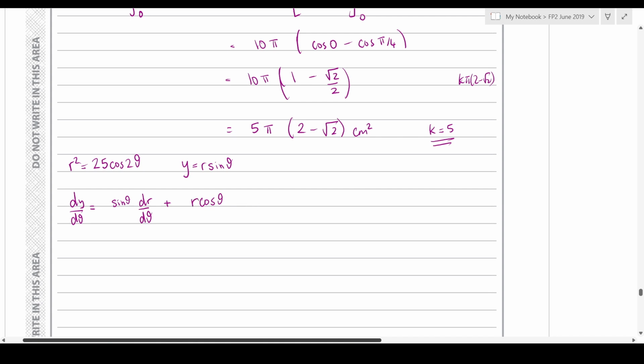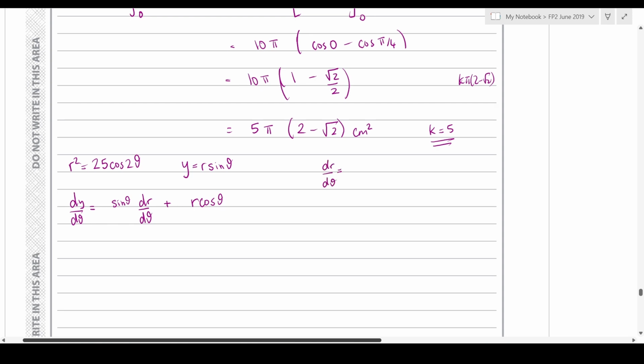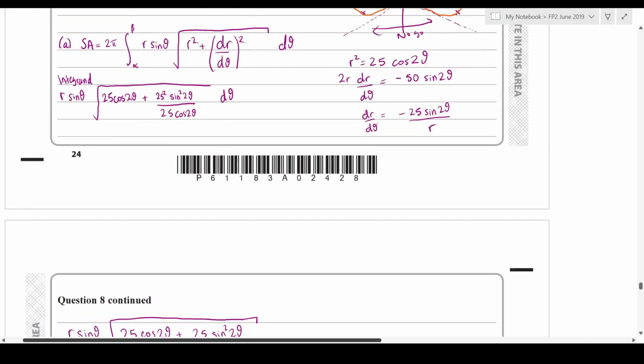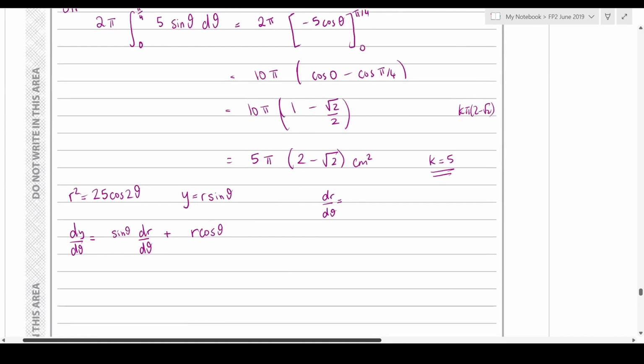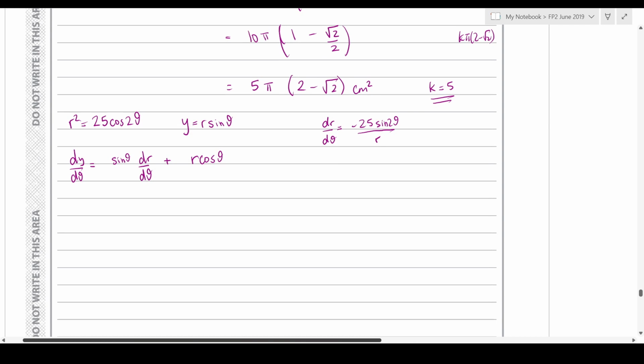So we just need to substitute our dr by d theta in, which we did work out earlier. So dr d theta, just scroll to find what it was, is minus 25 sine 2 theta over r. It's not the best way to write it, but because we've got the r in, we're going to work that out in a moment.